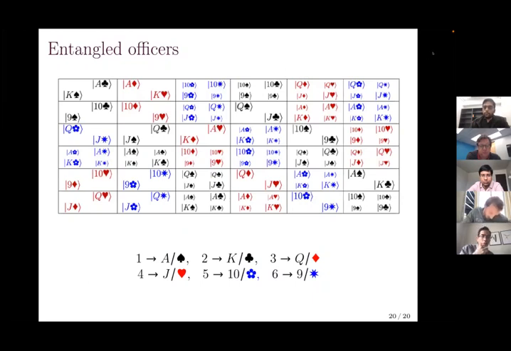They constructed the orthogonal quantum Latin square of size 6. Each of these ranks and suits of these cards corresponds to a number, basically. And the corresponding elements show, for each position, what are the states you need to consider in a superposition.